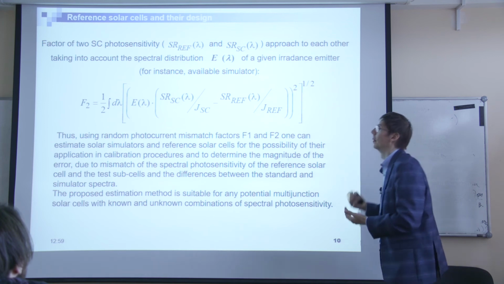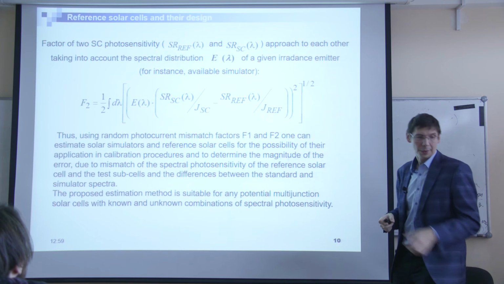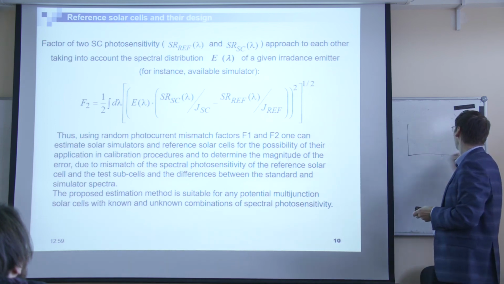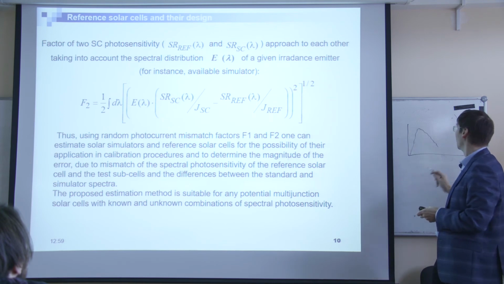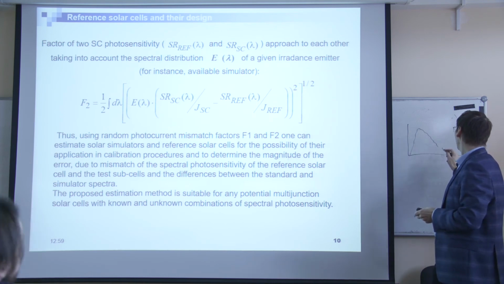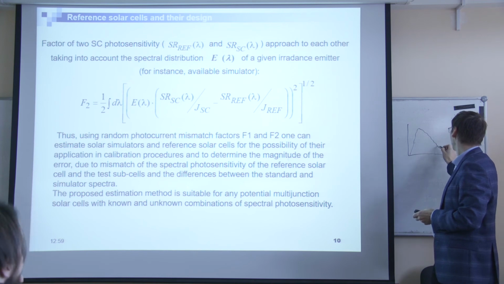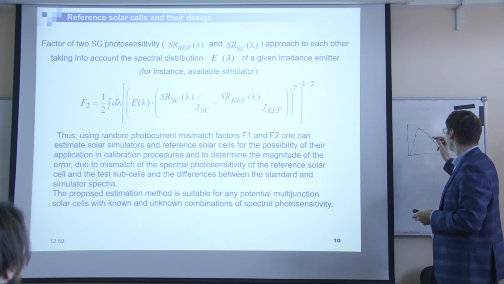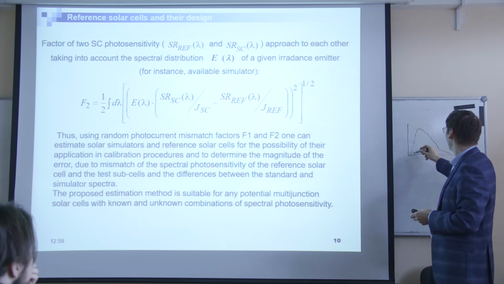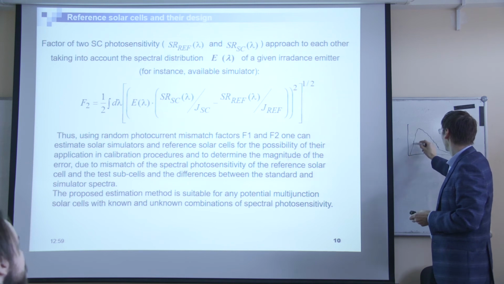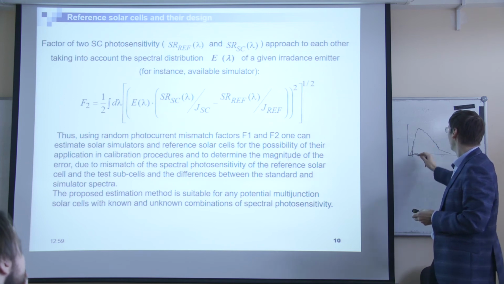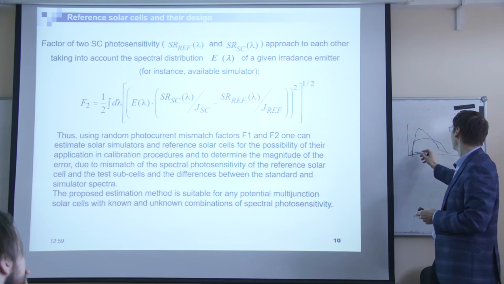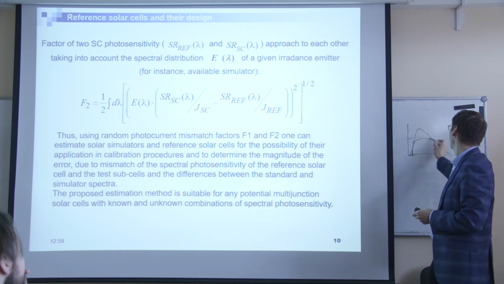You can use it. There is no problem. For example, if you have a simulator like this, which is 0 here, and two reference solar cells, one of them has a spectrum like this, another one has a spectrum like this.